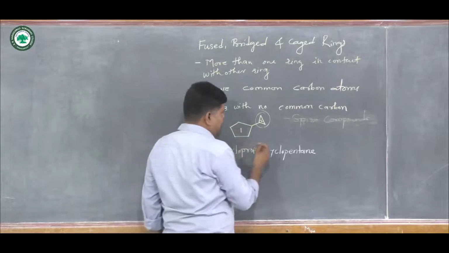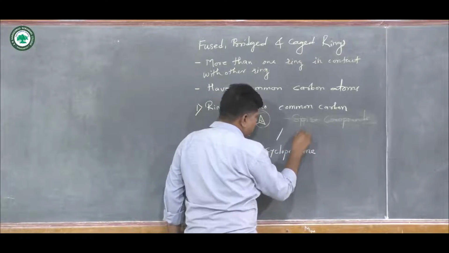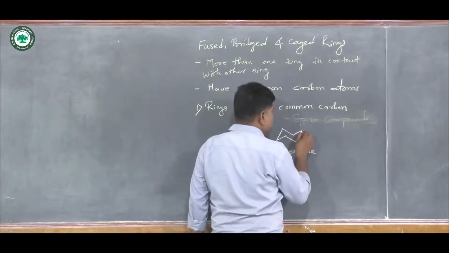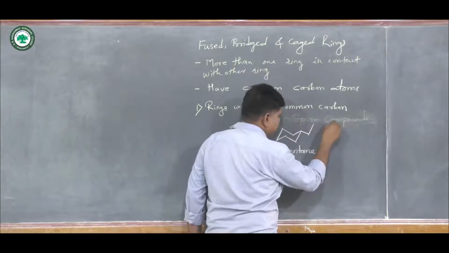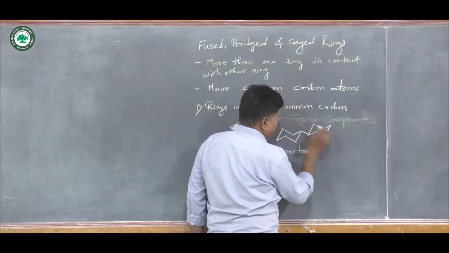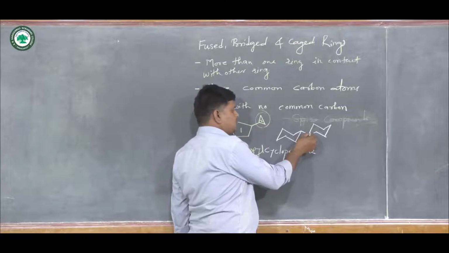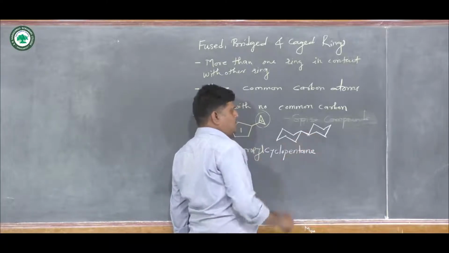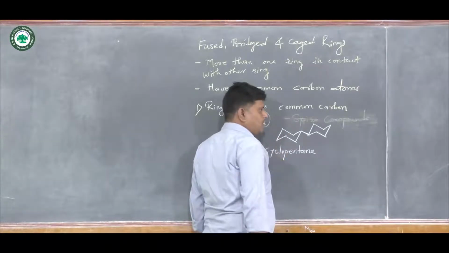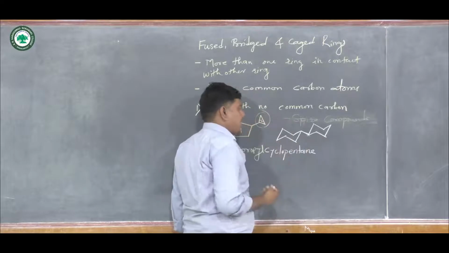Another example: suppose there is a bond between two cyclohexyl rings. Both have the same number of carbon atoms, so one ring acts as a substituent and one as the parent.